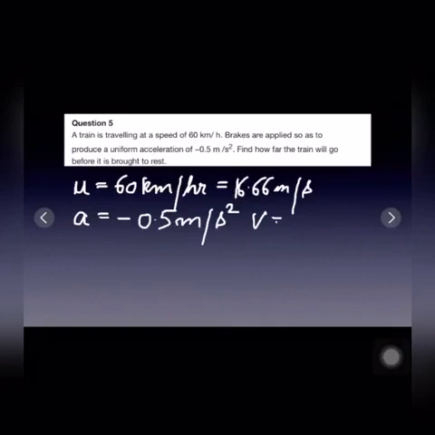So the final velocity here is 0. So again you have to find out the distance. Now you are given with initial velocity, final velocity and acceleration. So we have the third equation of motion.